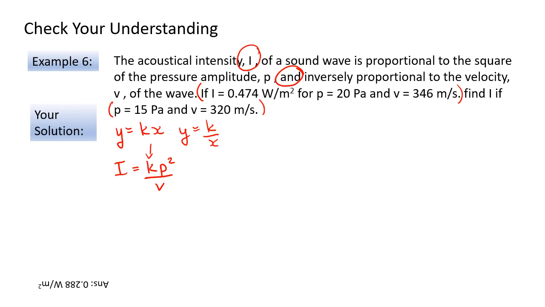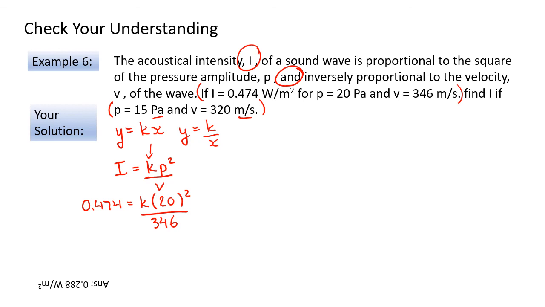If I substitute everything into this equation, in the first instance, we have I is 0.474, and that's equal to k multiplied by 20 pascals squared divided by the velocity, in this case, 346 meters per second. The units will cancel. I'm not going to show you them in this example because they do get more complicated. But know that since we're using a constant and our units are all the same for both examples, I'm not going to show you the units here.